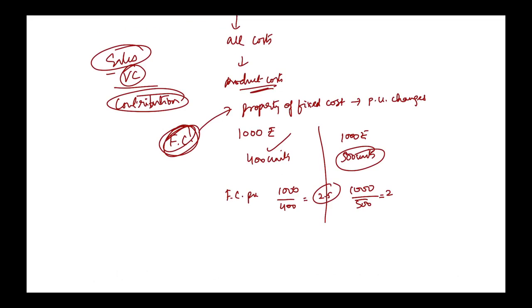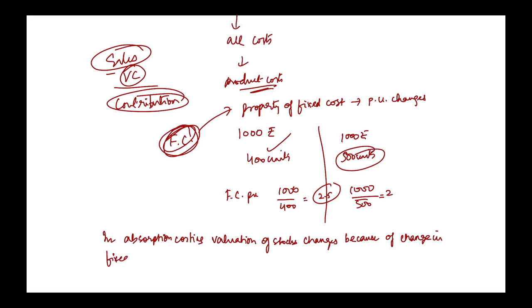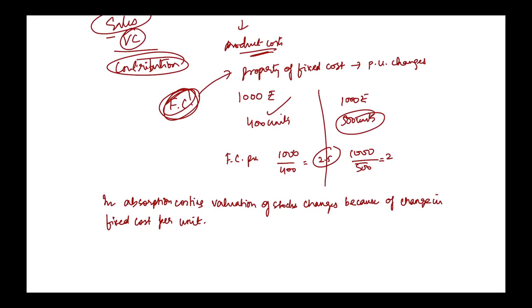So after this you can write a note saying, in absorption costing, valuation of stocks changes because of change in fixed cost per unit.